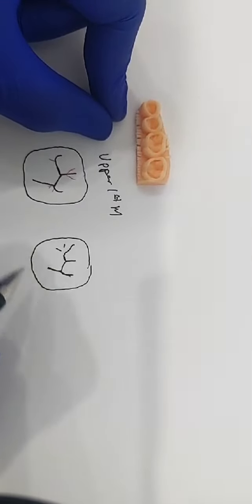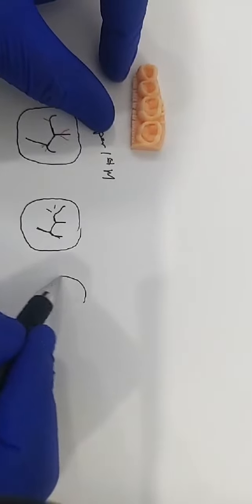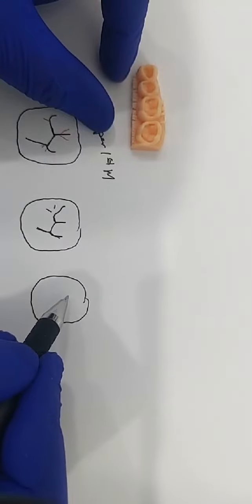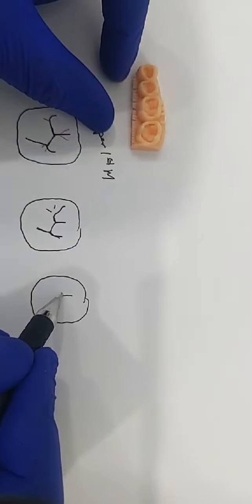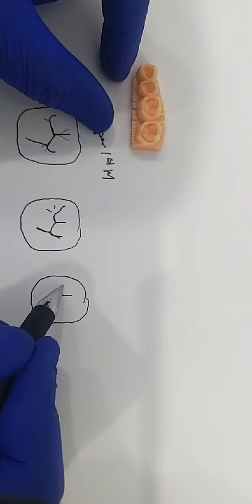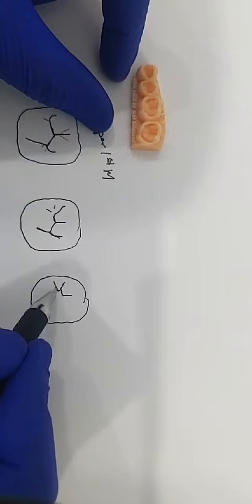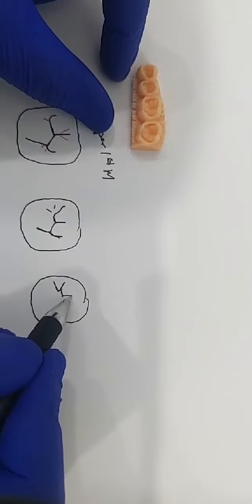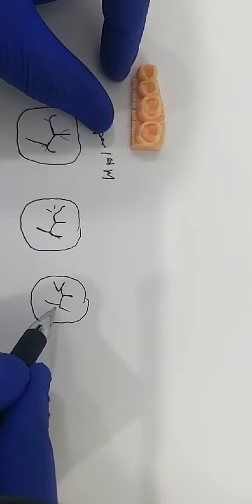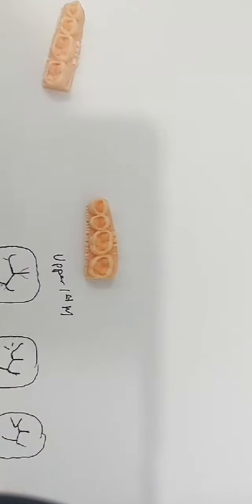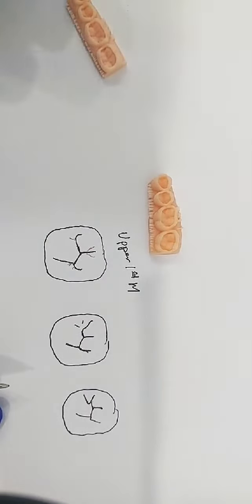And then we've got some that have almost got this second cusp in the middle. So that's the first upper molar.